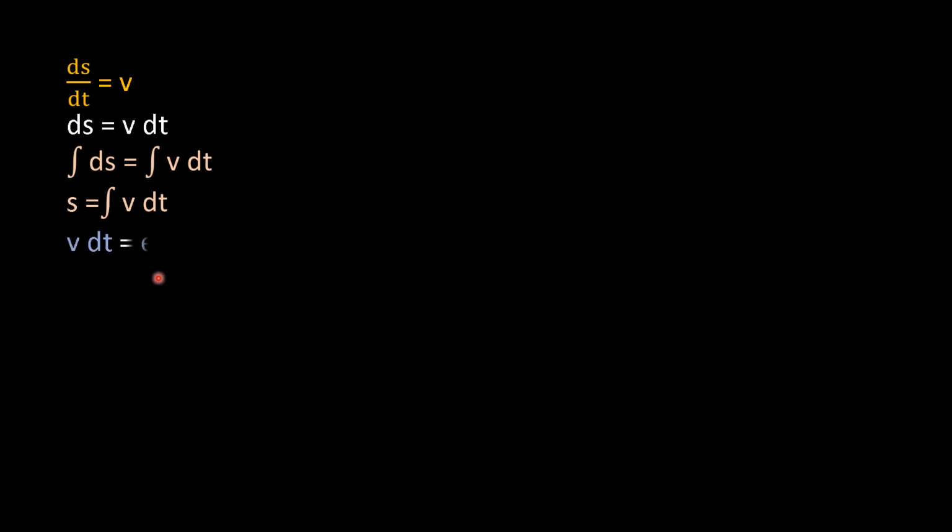We have seen ds by dt is velocity v. It gives us ds equals v dt. Integrating both sides, we write integral ds equals integral v dt. Integral ds gives us s, which is integral v dt. Here v dt represents the elemental area under the curve.